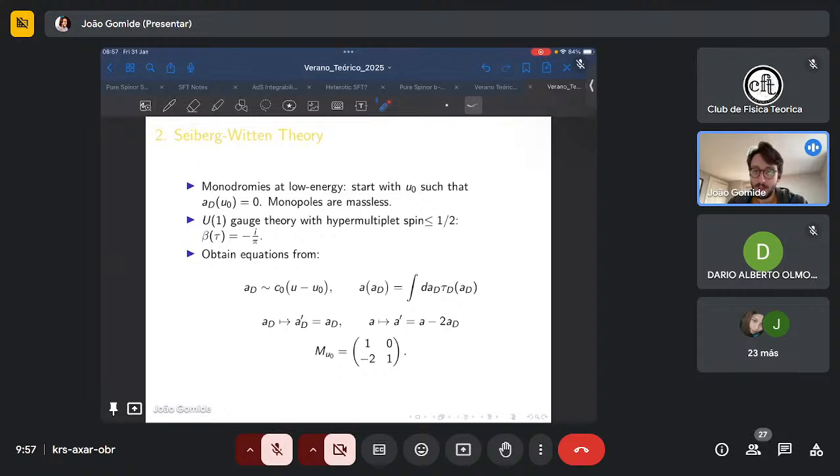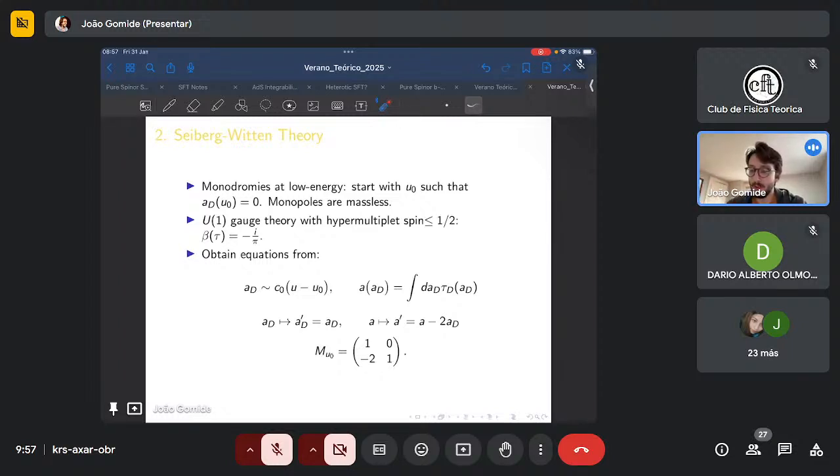For the monodromies at low energy, these are the guys that I just told you about. These occur at places where we're integrating out these massive particles which become massless. We will take some point in the moduli space where the dual coordinate vanishes, and perform the same thing.